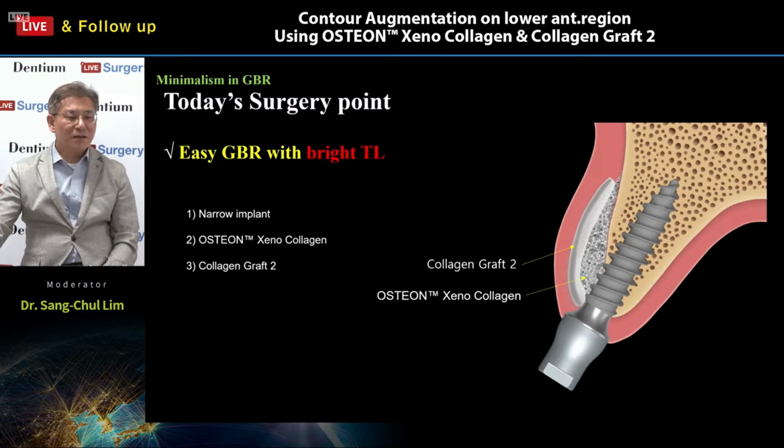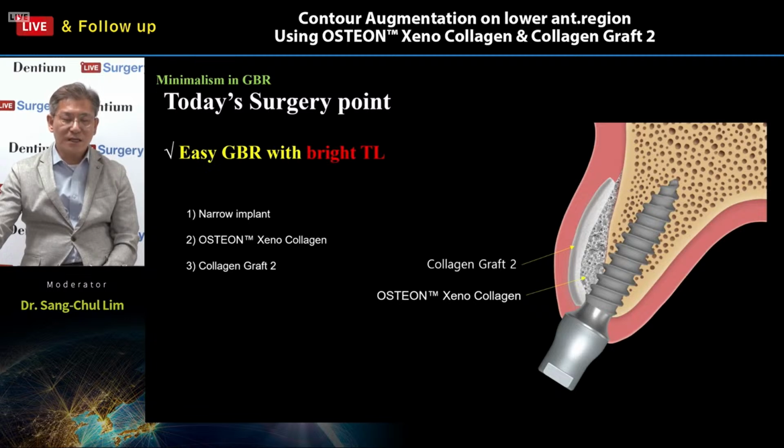And about this, the diagram explains the simpler GBR procedure combined with the bright tissue level. So the bright tissue level implant is installed in the host bone, own bone, and the labial portion, sometimes buccal portion, should be done by GBR procedure using the osteogenocollagen, and sometimes we can use collagen graft 2 instead of a collagen barrier membrane normally.